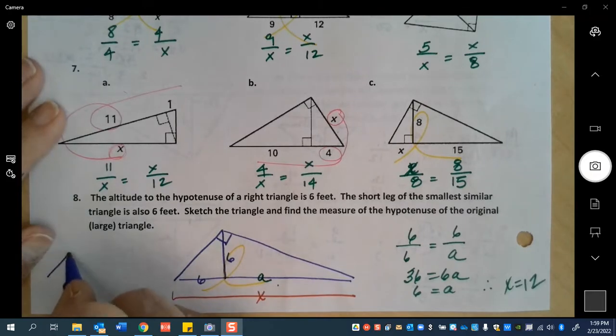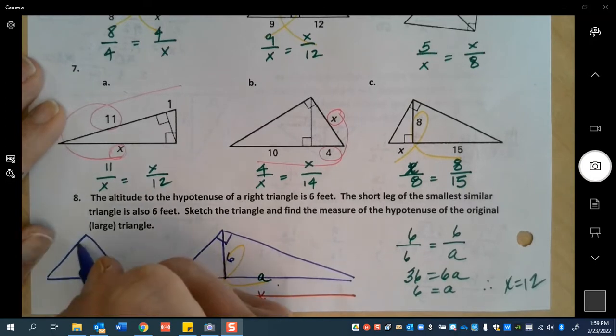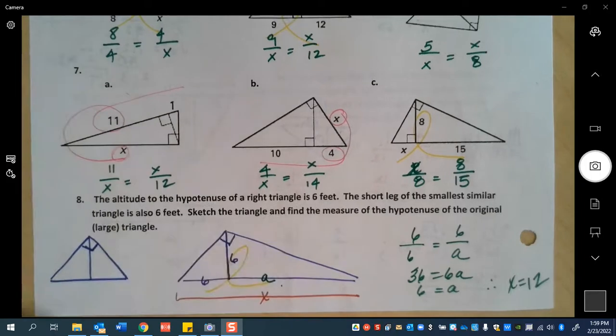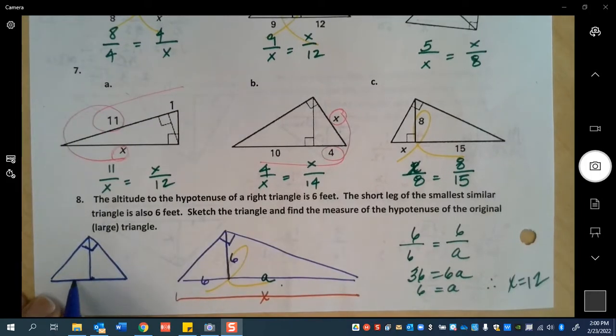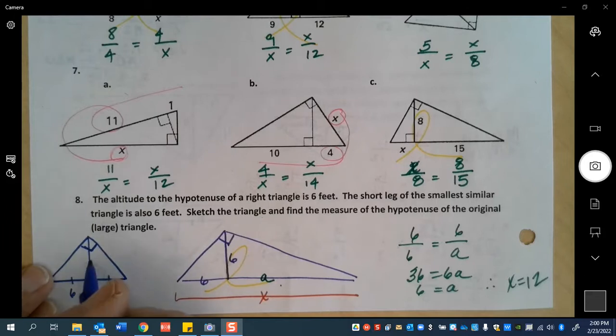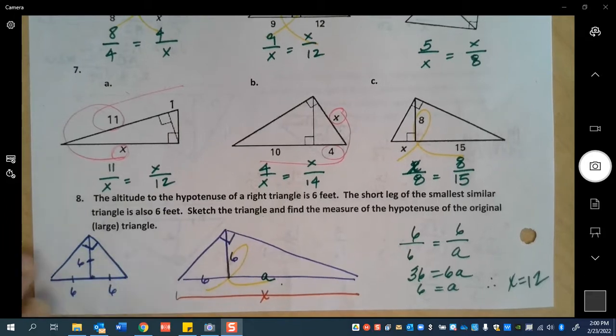This one really is a right triangle where this altitude to the hypotenuse divides the two legs evenly. So it's super hard to tell the difference between your similar sides and your corresponding sides. But if I know that this is 6 and this is 6, interestingly enough, so was this. Do you see how I have two isosceles right triangles?